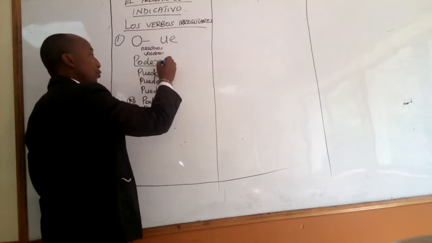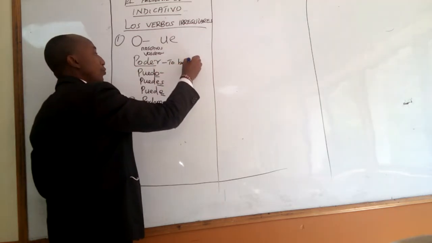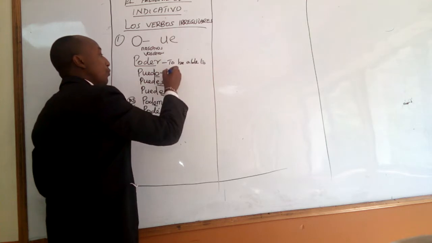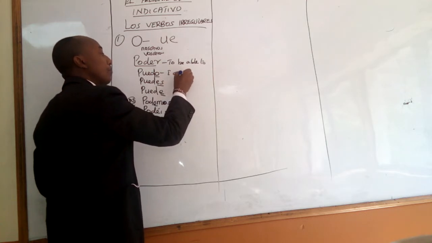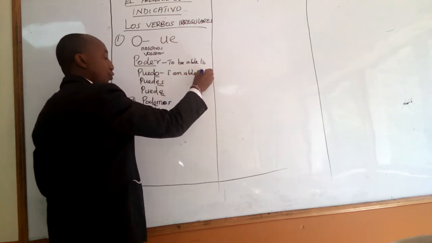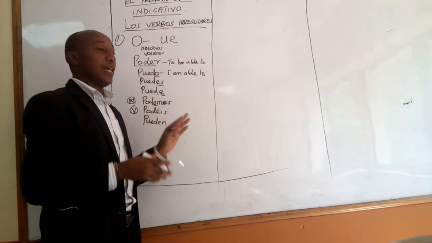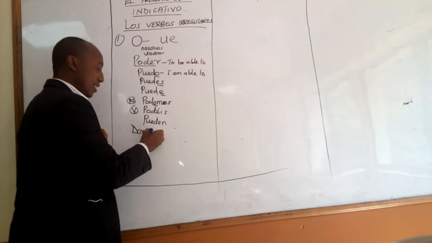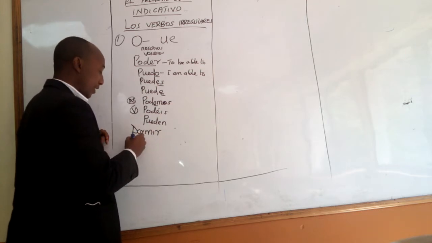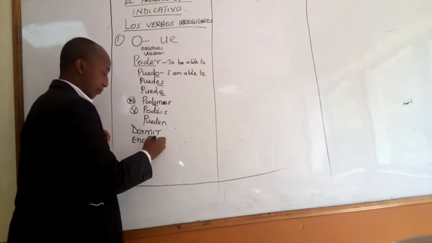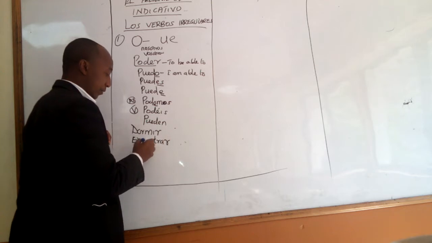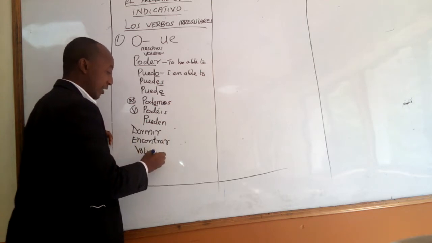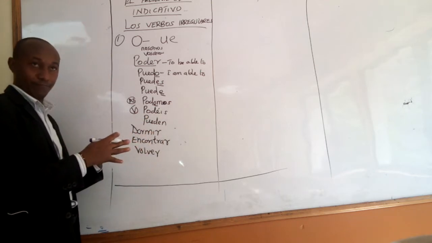Because poder is to be able to, this one will mean I am able to. This will apply to verbs like dormir, encontrar, and volver. That is important to note.